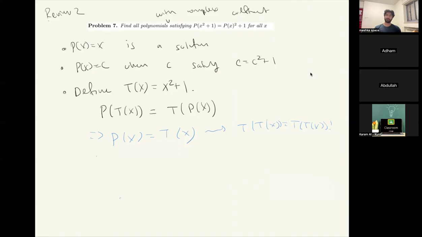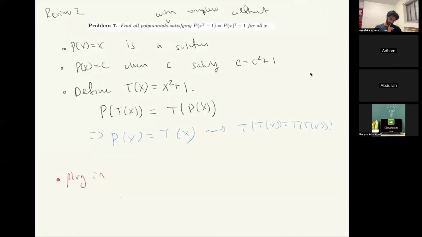Because if you plug in the original equation x equals negative x, you get that P of x squared plus 1 is equal to P of negative x squared plus 1. And you get that P of x squared is equal to P of negative x squared. Thus, it has to be either odd or even. No other function would work.